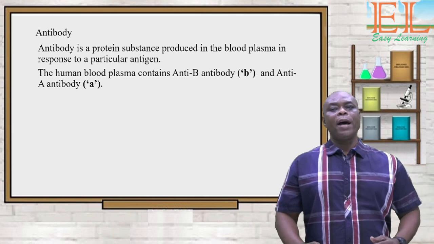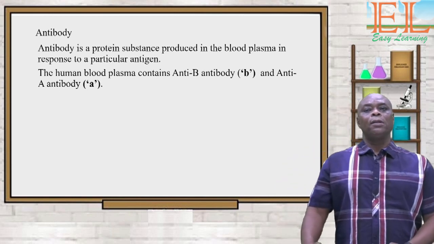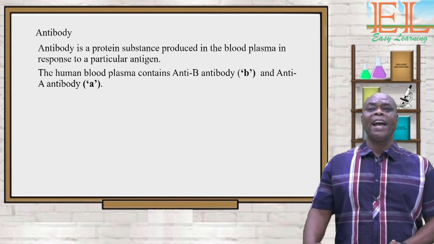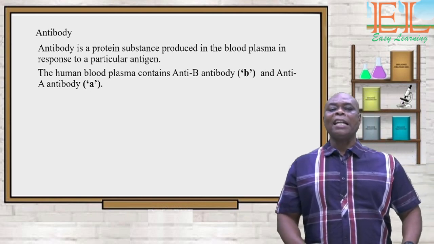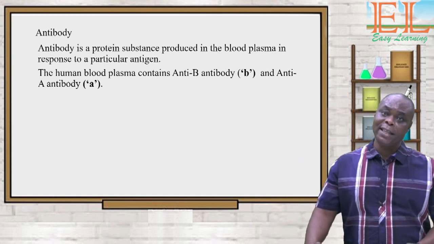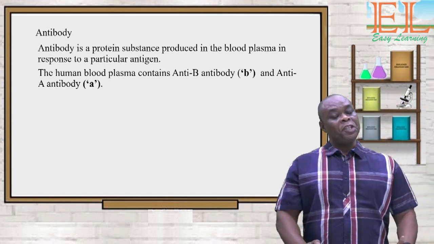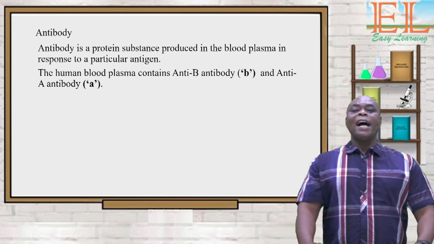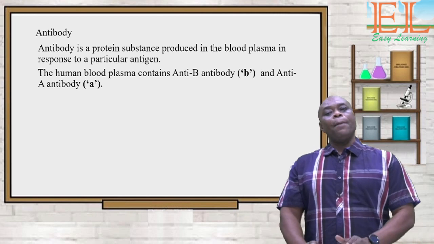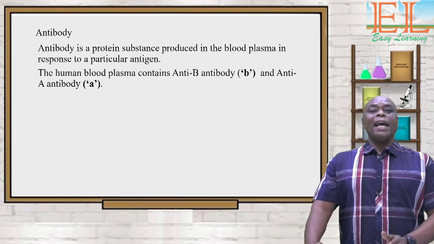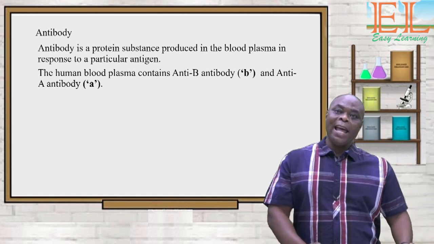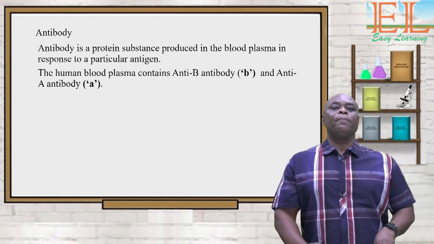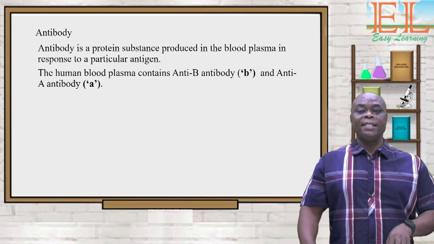In the human blood groups, we have what we call anti-B antibodies, which is represented by a small b, and anti-A antibodies, which is represented by small a. Check, it is the opposite of the antigens. The antigens are capital A and capital B, whilst the antibodies are small a and small b, with the b representing anti-B and a representing anti-A.